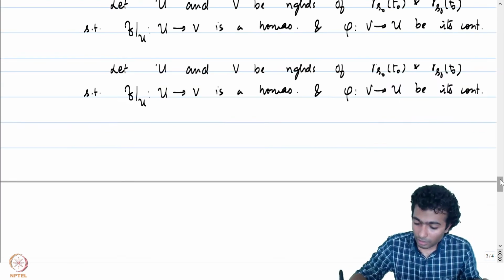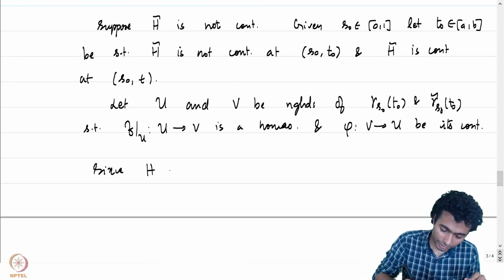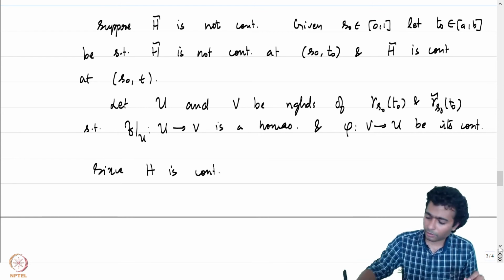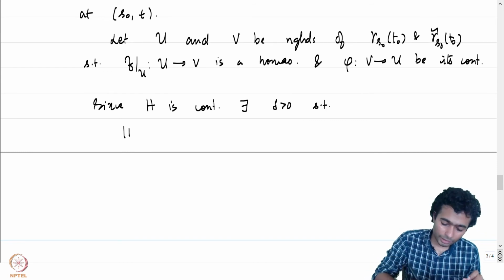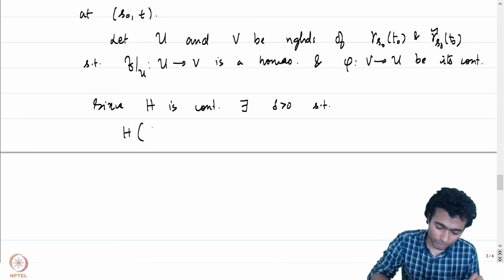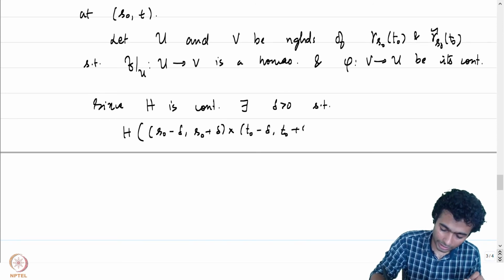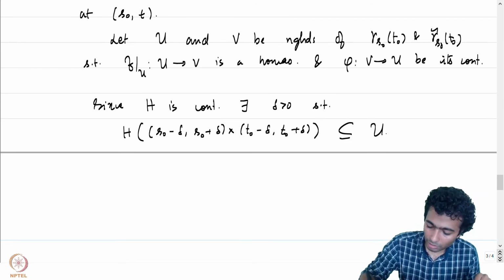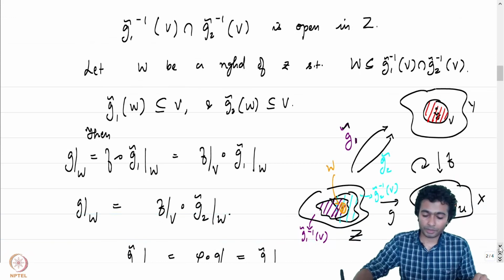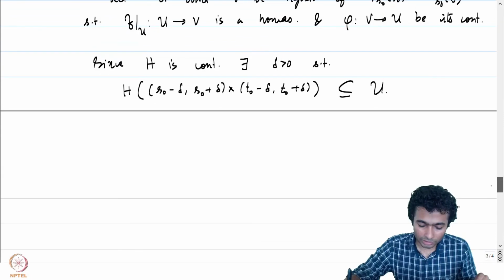Because H is a continuous map, since the homotopy is a continuous map, we can get hold of some delta positive such that, at the points s0 and t0, if you look at the neighborhood (s0 minus delta, s0 plus delta) cross (t0 minus delta, t0 plus delta), it's mapped by H to within U. That's something which we can ensure; we get hold of one such delta.